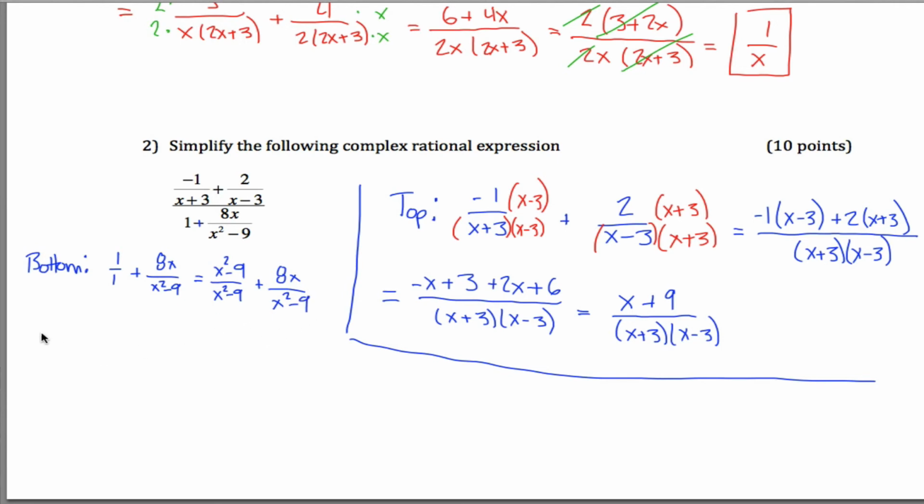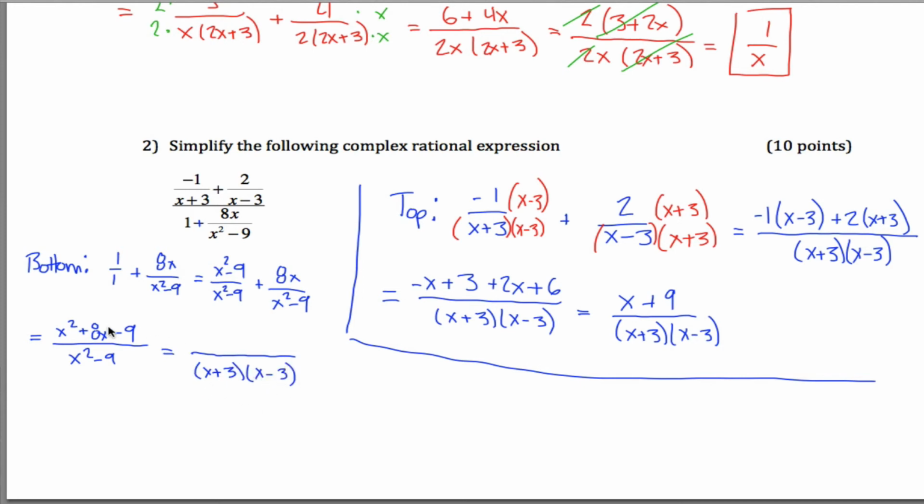x squared minus 9. I now have the same denominator, so I can add the numerators, get x squared plus 8x minus 9 divided by x squared minus 9. And yeah, I guess I should try to factor the top and the bottom just to see if this thing simplifies. On the bottom is a difference of squares: x plus 3 times x minus 3.